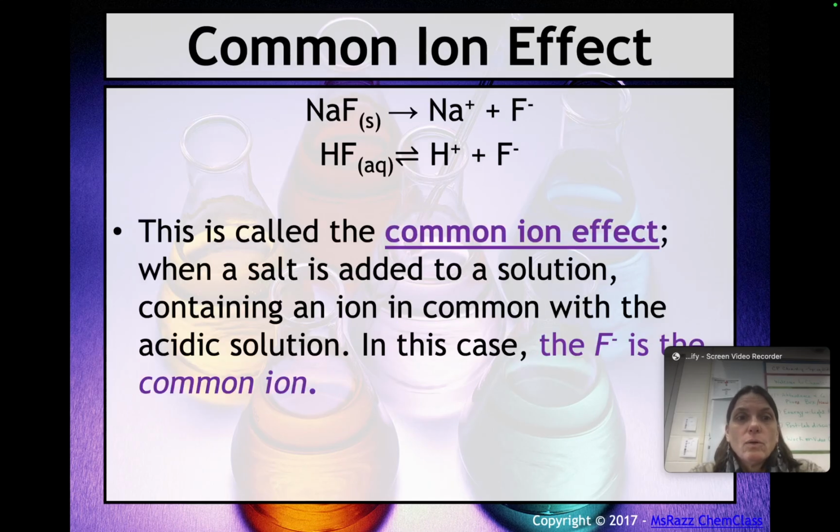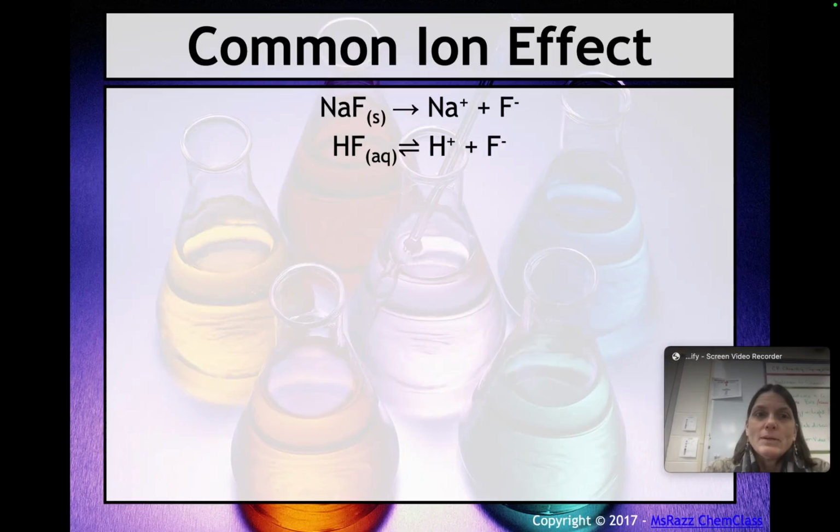So this common ion effect happens a lot, and we did this in some of the cases in our Le Chatelier's principle lab, where we specifically added or took away an ion, but adding an ion is where the common ion comes in.